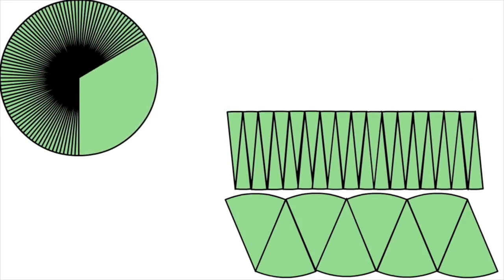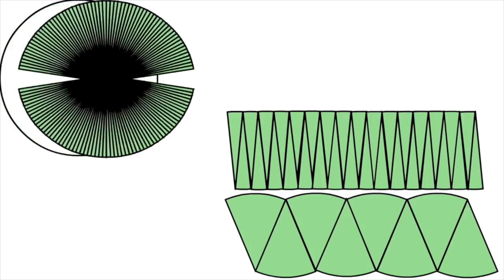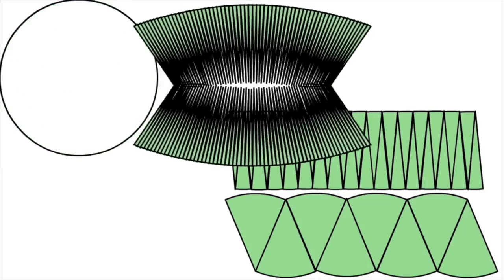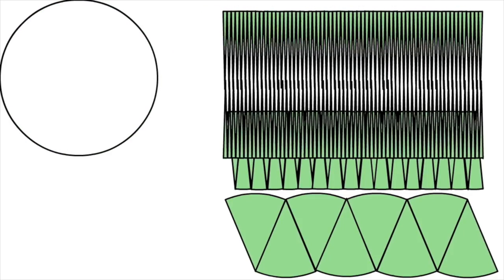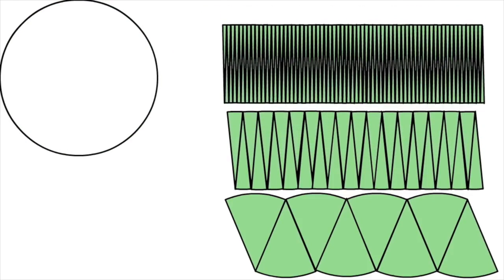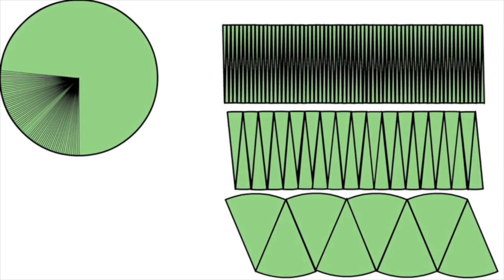If we divide the circle into even smaller pieces, you can see that every time the shape becomes more like a rectangle. So how small must we divide a circle before we can get a perfect rectangle?